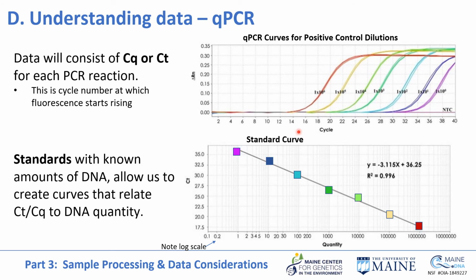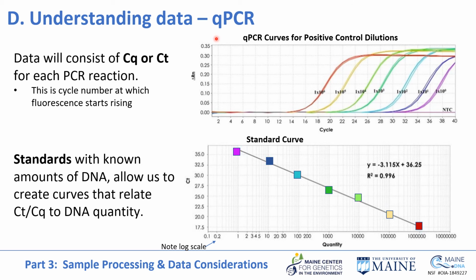And what I'm showing you here on this top one is qPCR curves for positive controls. So these positive controls have known amounts of your target DNA. And you can make these positive controls either by diluting tissue extractions that you got from your target organism, for example, this is Atlantic salmon DNA, or you can order them online now.